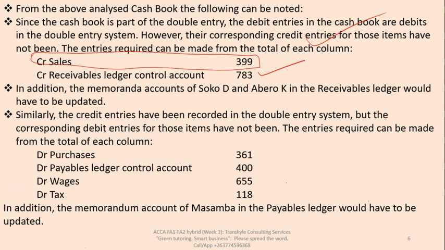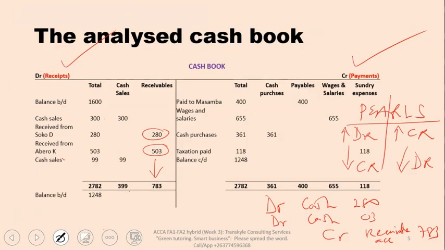Similarly, credit entries have been recorded in the double entry system, but the corresponding debit entries for those items have not. The entries required can be made from the total of each column. You can see for the purchases, the 361 here, the cash purchases, why did we record it? Because money was getting out of the business to procure purchases.